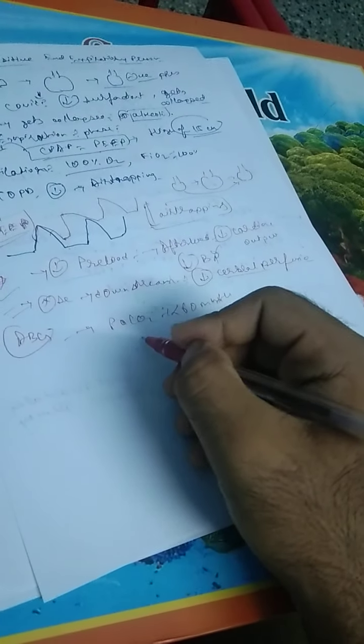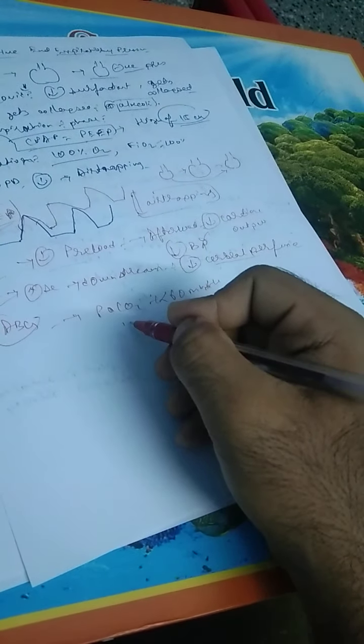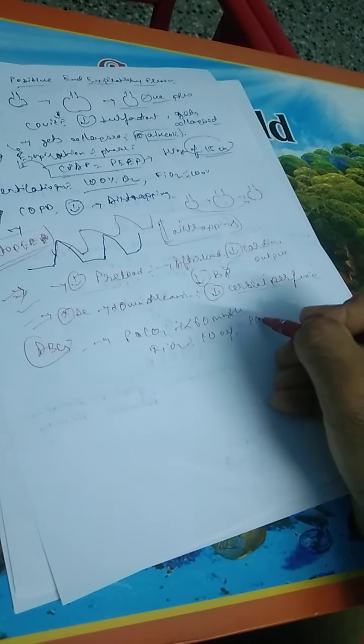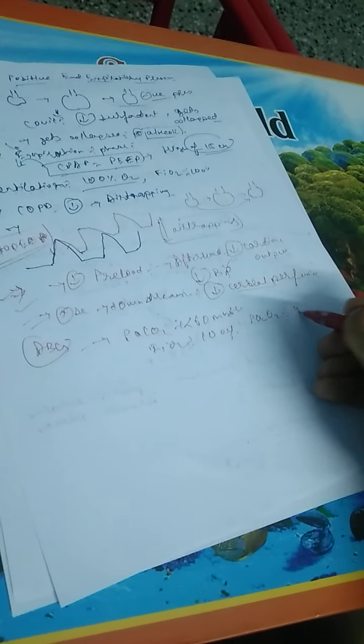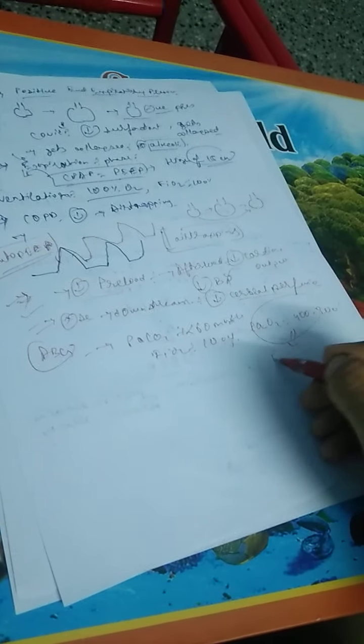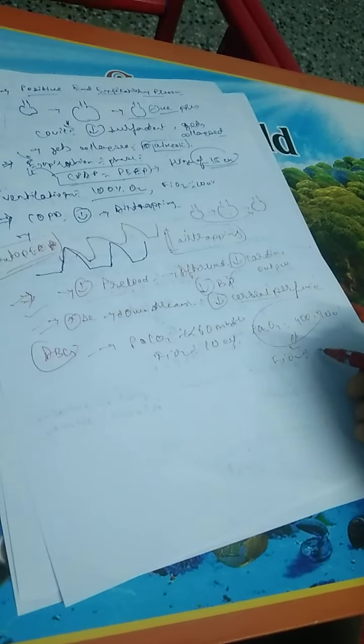If after applying 100% oxygen, FiO2 of 100, the oxygen is higher, like 400 or 300, then we can reduce the FiO2 and see the patient's requirement.